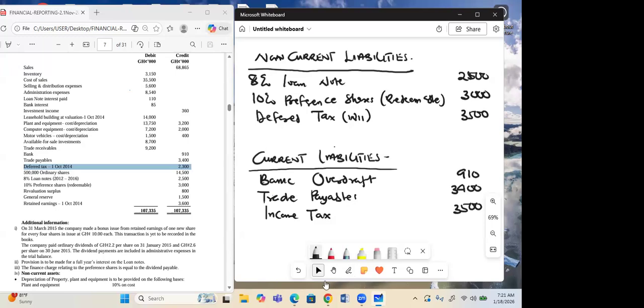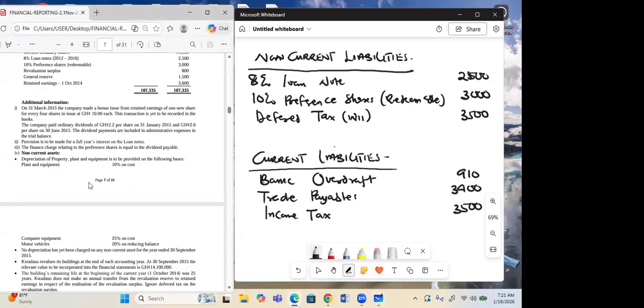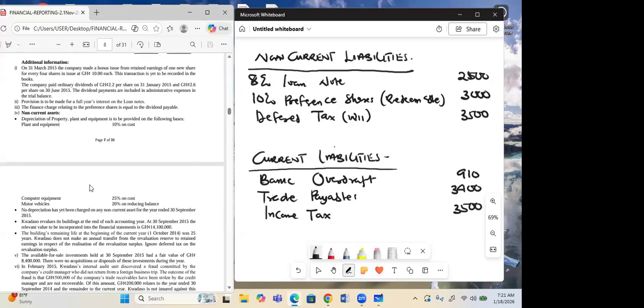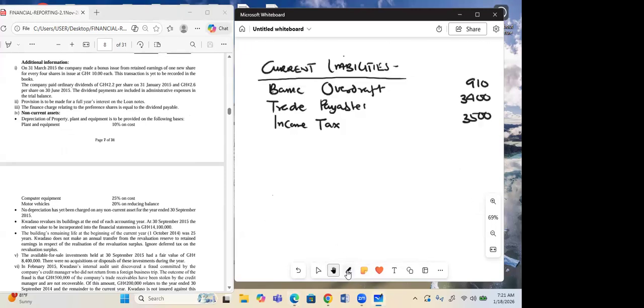Apart from that, read the note on the redeemable preference shares, footnote number 3. The finance charge relating to the preference shares is equal to the dividend payable. So there is a dividend payable there which we've not paid.